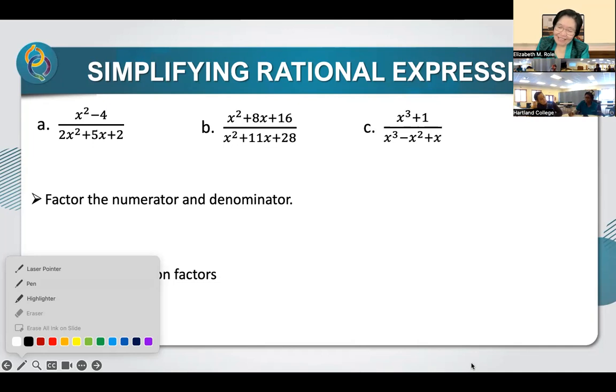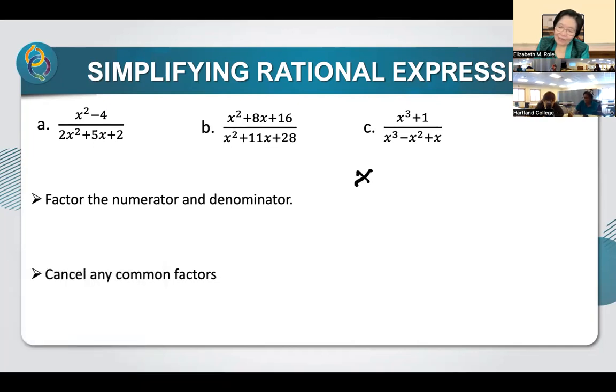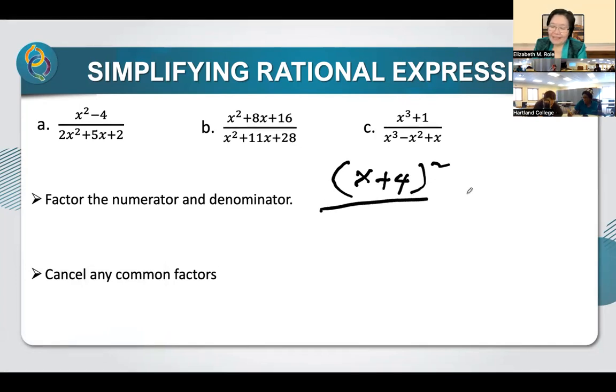All right. So you said the numerator is a perfect square trinomial. So it will now be x plus 4 squared, right? And for the denominator, that one is easy because the leading coefficient is 1.